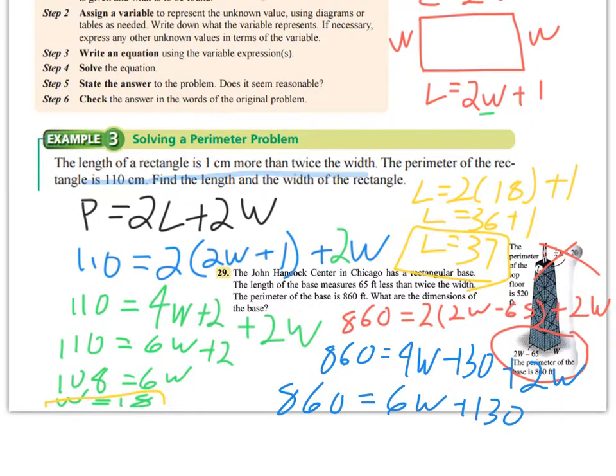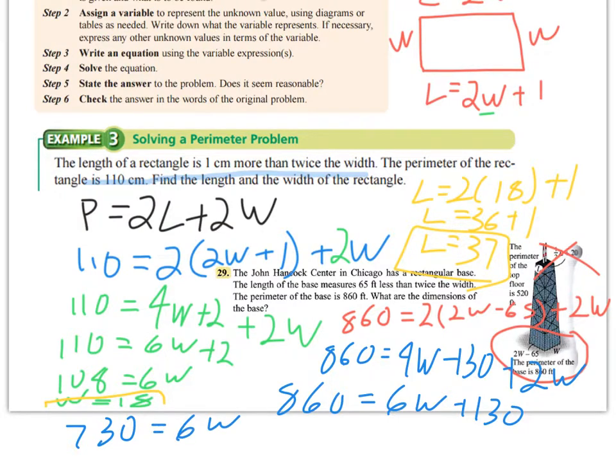And so from there we would subtract the 130 from both sides of that equation, which would give us 730 equals 6W.